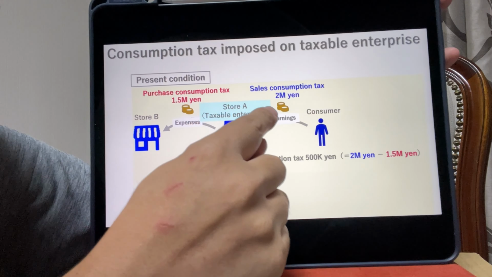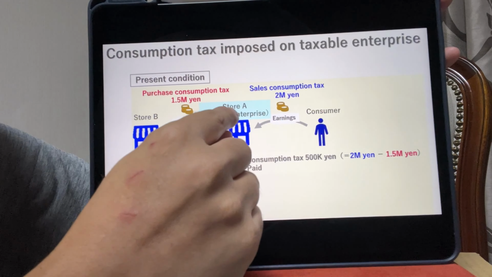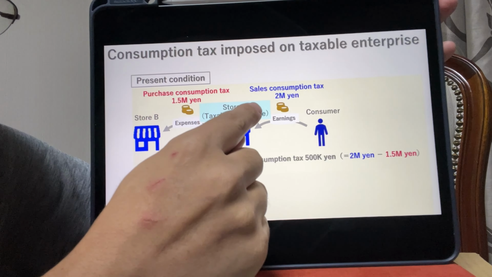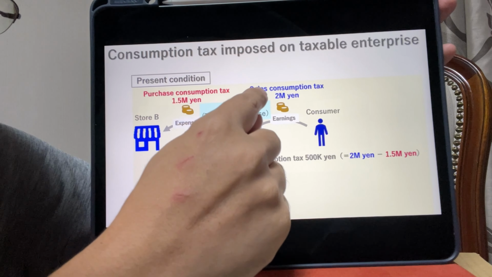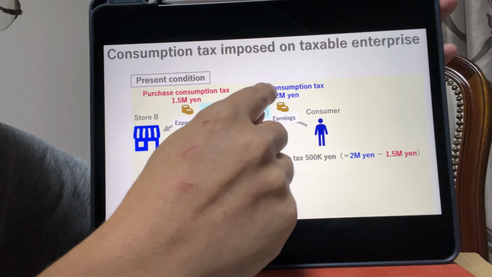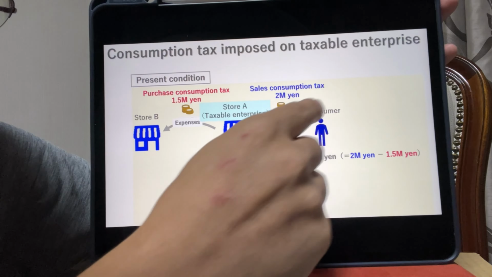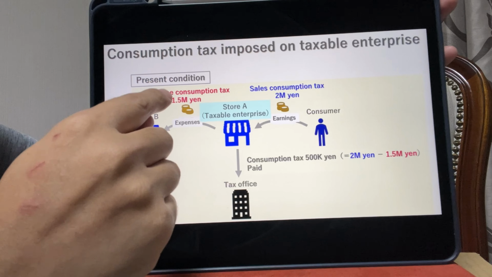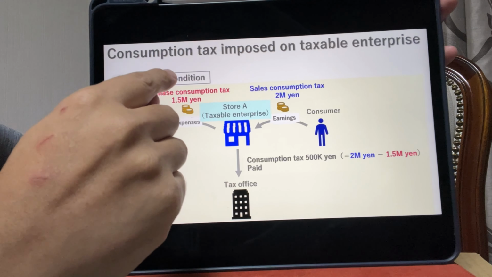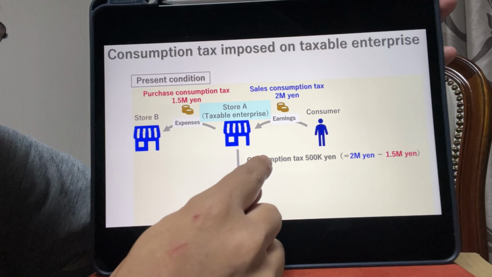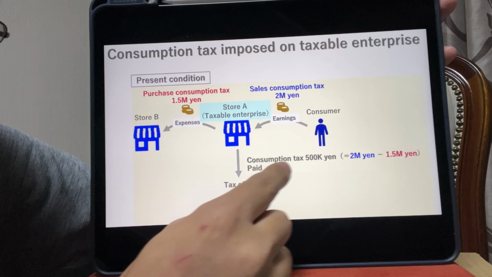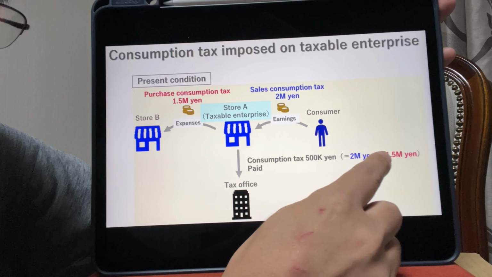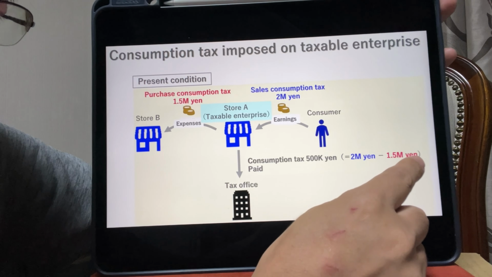Store A gets earnings from customers and pays expenses to Store B. In case sales consumption tax of 2 million yen is received from customers and purchase consumption tax of 1.5 million yen is included in expenses, the consumption tax paid to the tax office is 500,000 yen, calculated from 2 million yen minus 1.5 million yen.